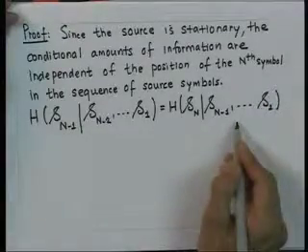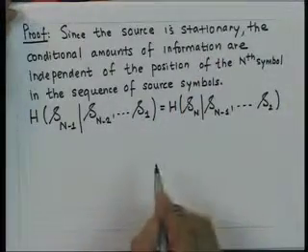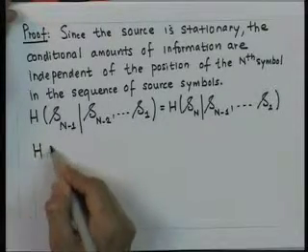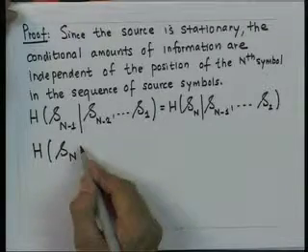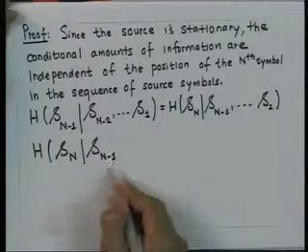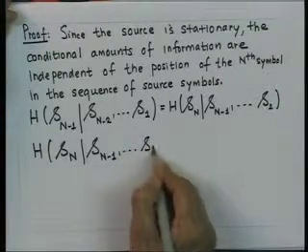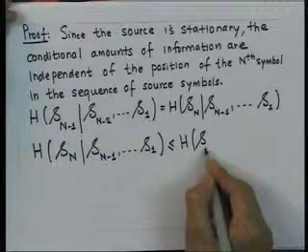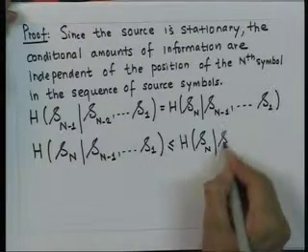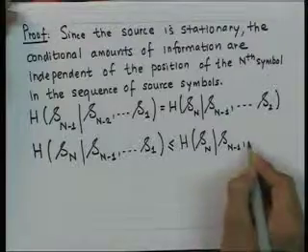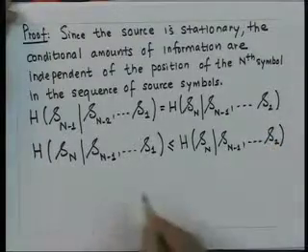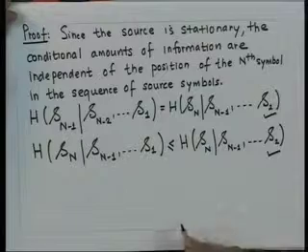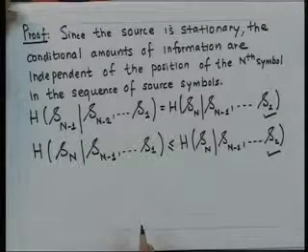I can write this expression because the source is stationary, and we have just seen the property of a Markov source, that conditioning on more information will always give a value less than the quantity on the right hand side.